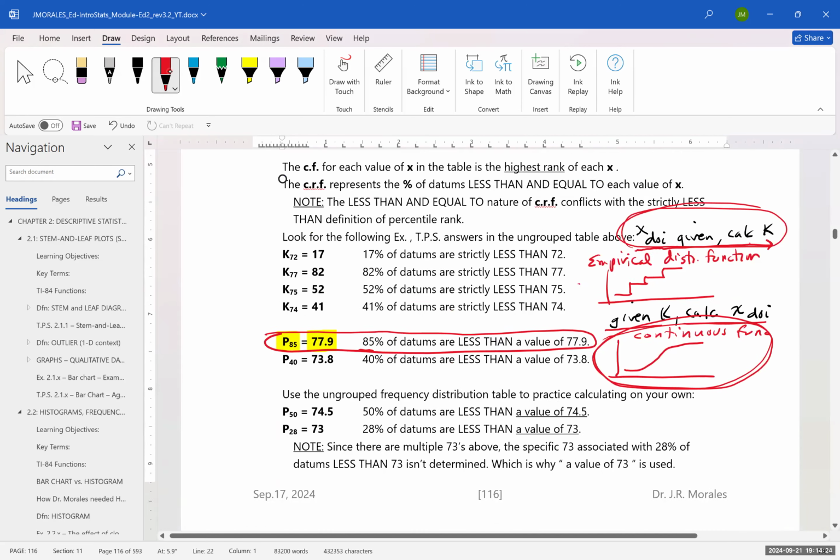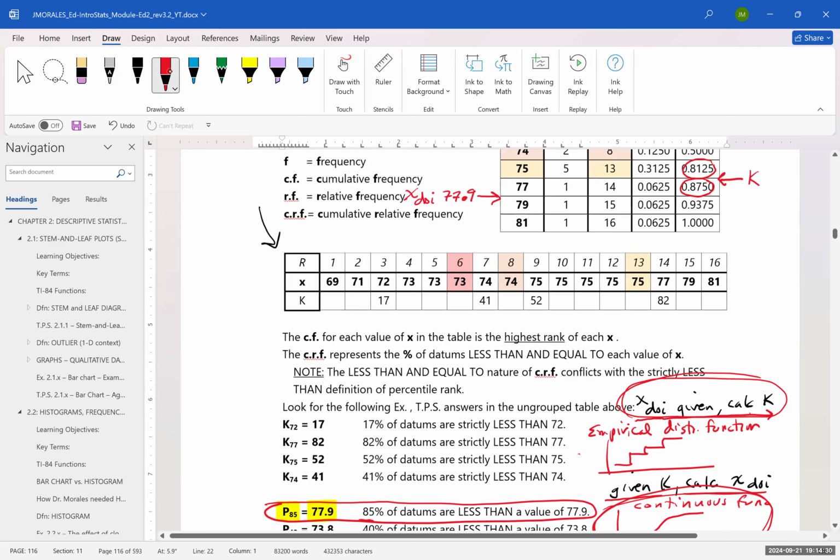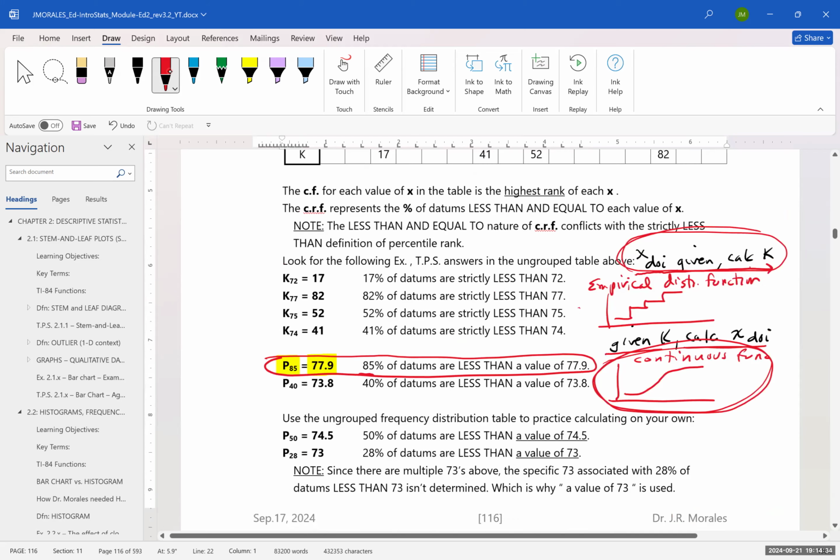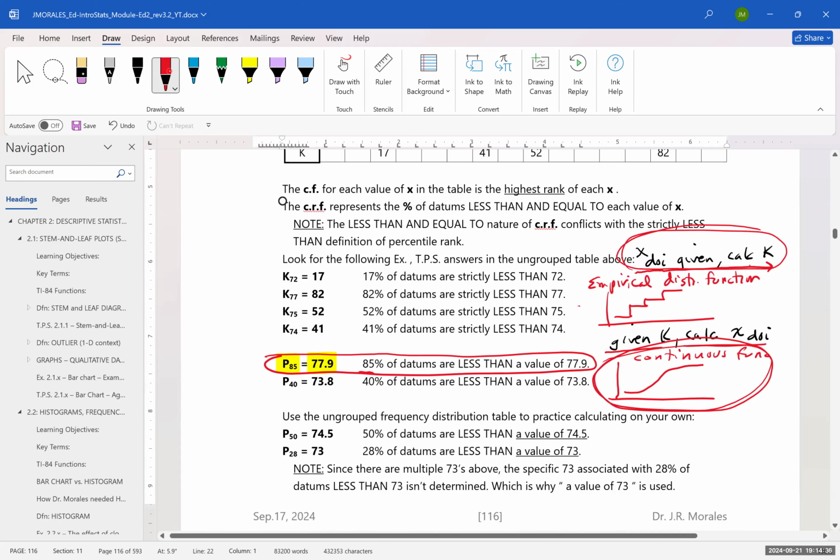Okay. So having said that, what can we get just by looking at an ungrouped frequency distribution table? If we look at the 50th percentile, the 50th percentile is where 50% of the datums are less than a certain value.